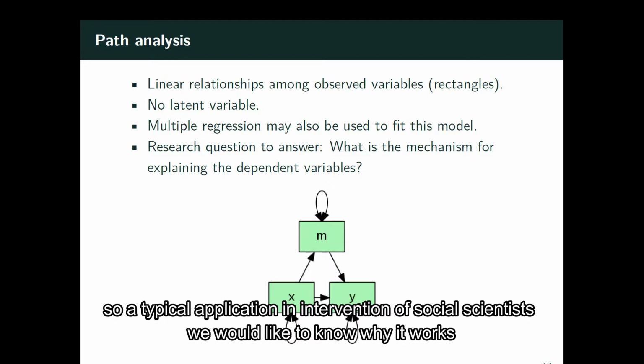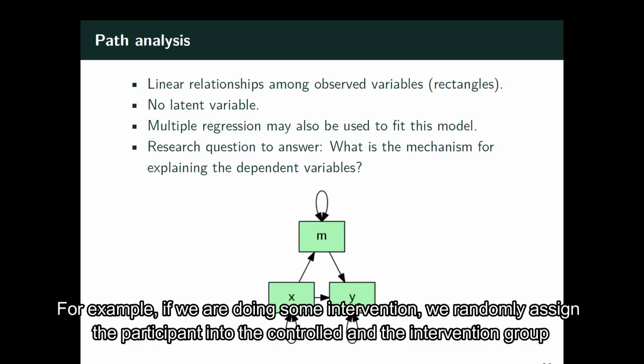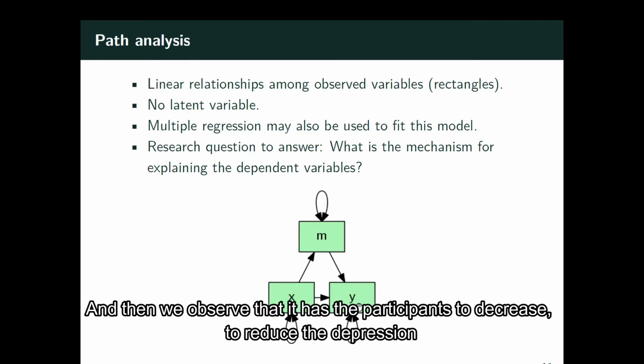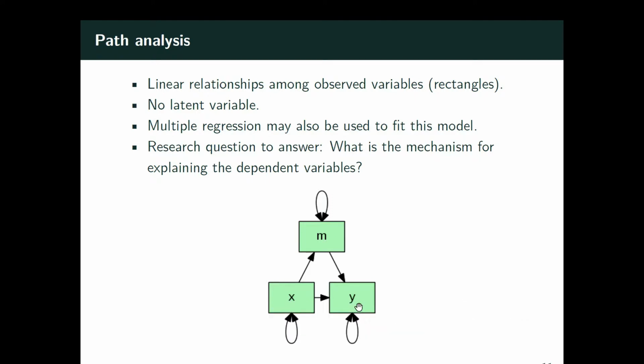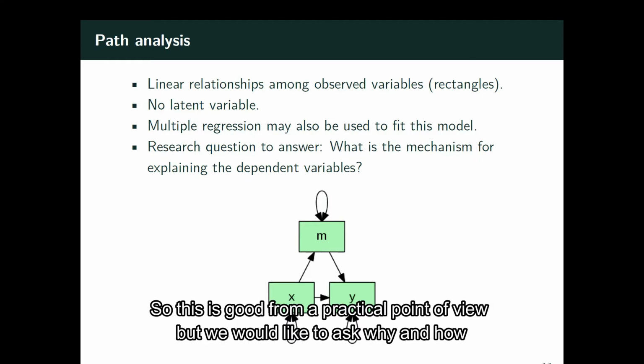A typical application in intervention studies of social sciences is that we would like to know why it works. For example, if we randomly assign the participants into a control and an intervention group, and we observe that it helps the participants reduce depression, this is good from a practical point of view, but we would like to ask why and how.